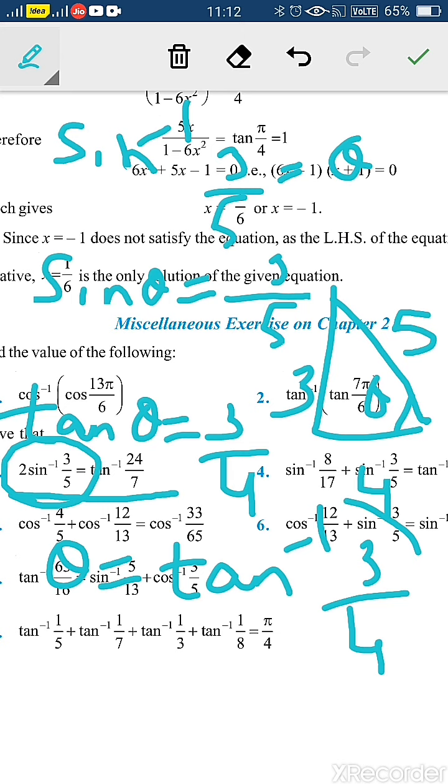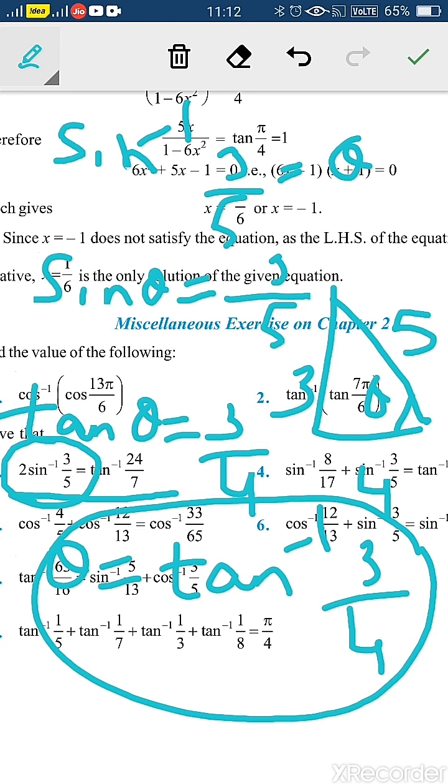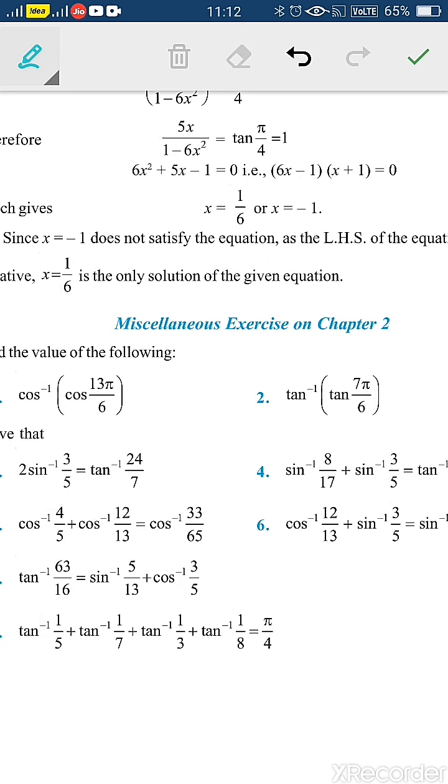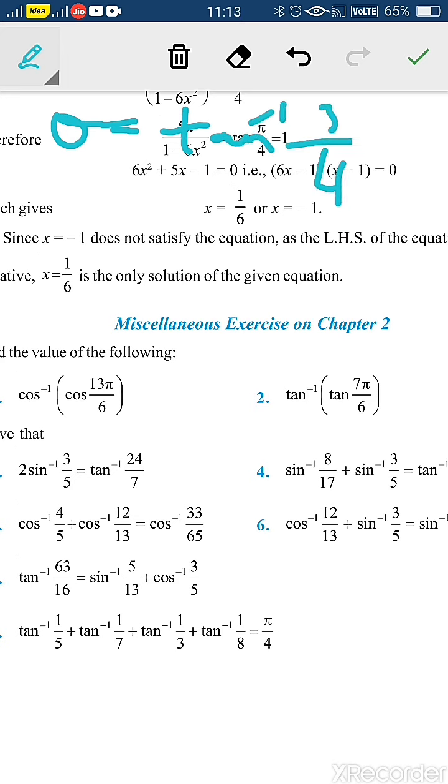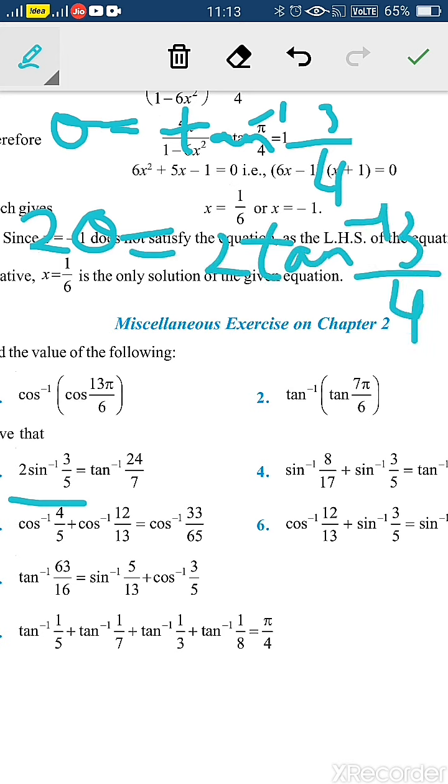We have got theta is equal to tan inverse 3 by 4. Now the left hand side, 2 sine inverse 3 by 5, implies 2 theta. Therefore 2 theta is equal to 2 into tan inverse 3 by 4, right?